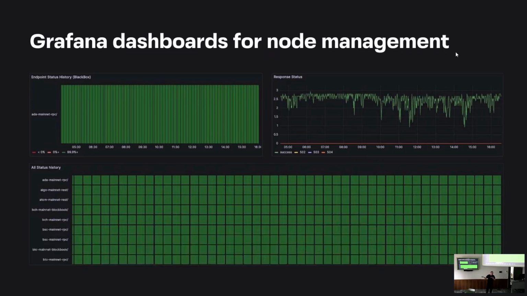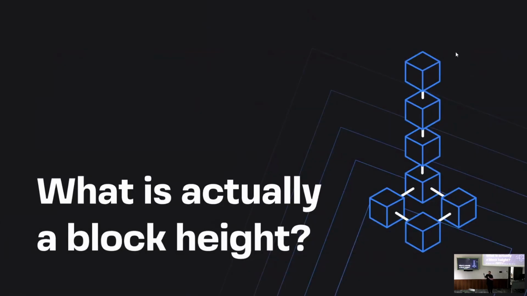Right. Then, do you know what node health is? Everybody says a node should be healthy. It's not about insurance or something. It's about block deviation, because we have a blockchain which consists of blocks, of course. Blocks appear every second for several protocols.